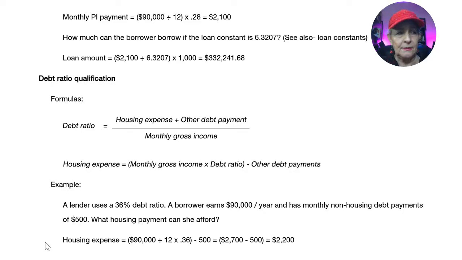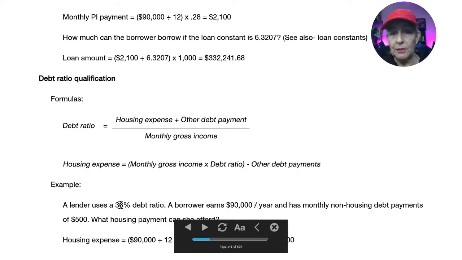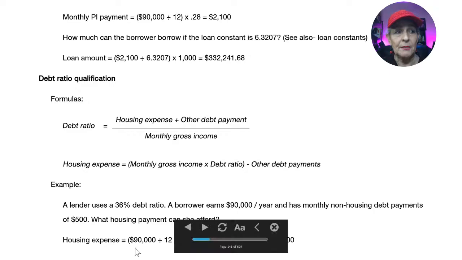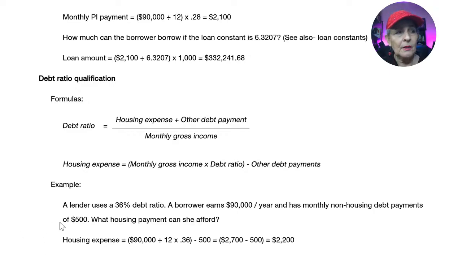Housing expense equals their $90,000 divided by 12 months, because we're looking at monthly expense, times the 0.36 debt ratio that the lender will allow, minus their other debt expense of $500. So 90,000 divided by 12 months is $2,700 a month, minus 500 towards a car, equals $2,200 a month.